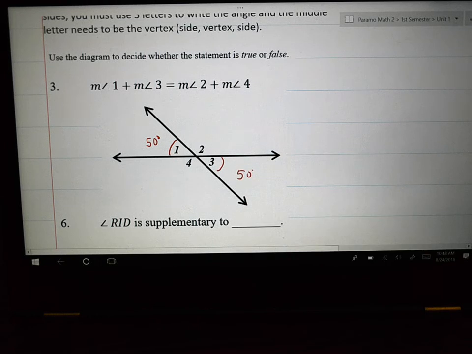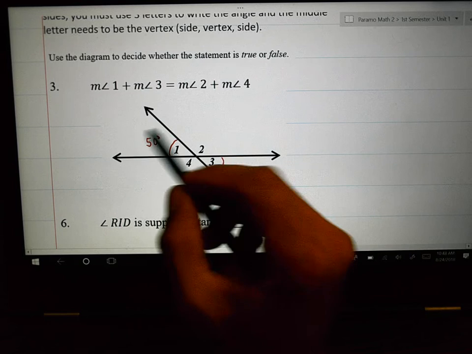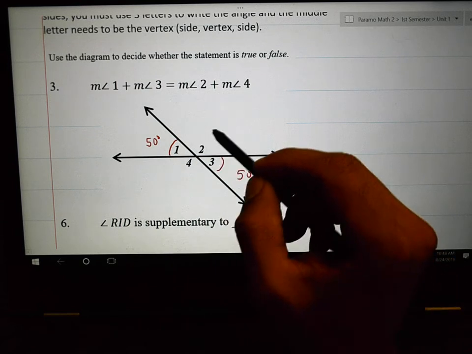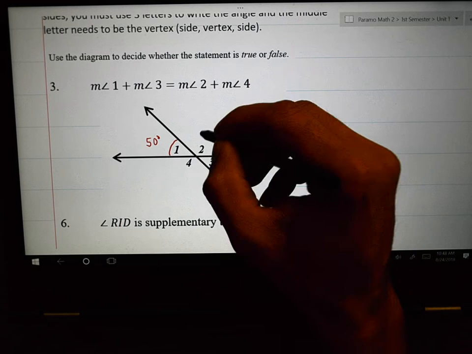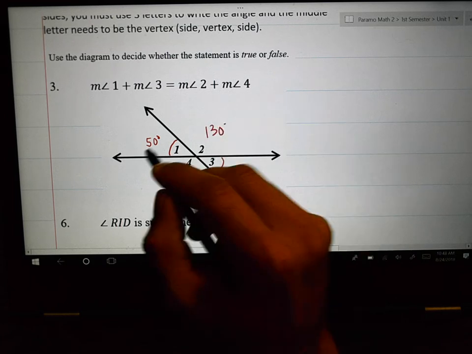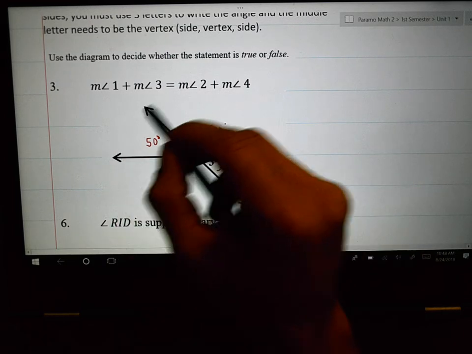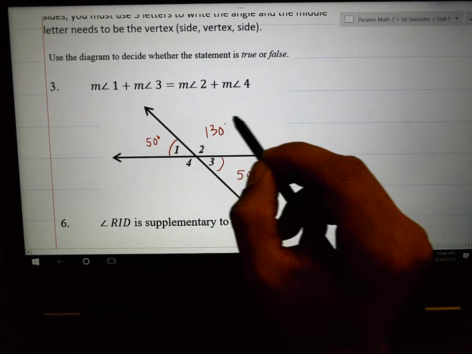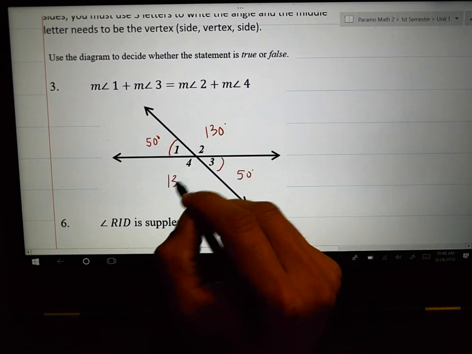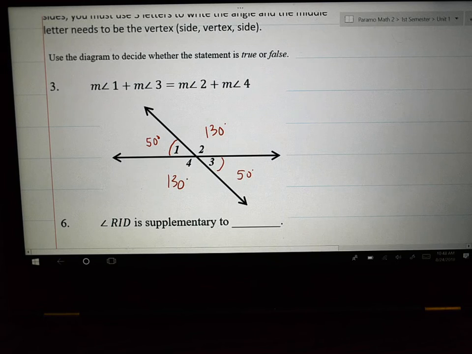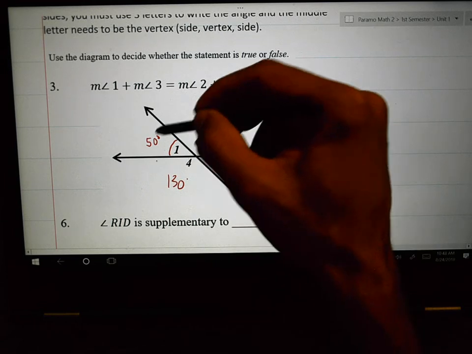If that's 50 degrees and that's 50 degrees, then angle 2 must be around 130 degrees. Why? Because they're adjacent and they're supplementary, which means that angle 4 would have to be 130 degrees as well, because those would be a straight line.